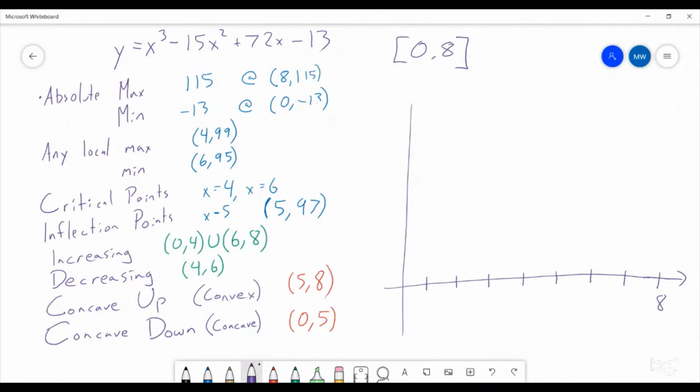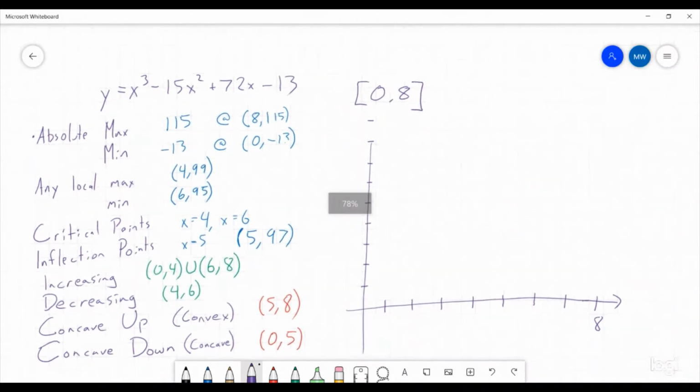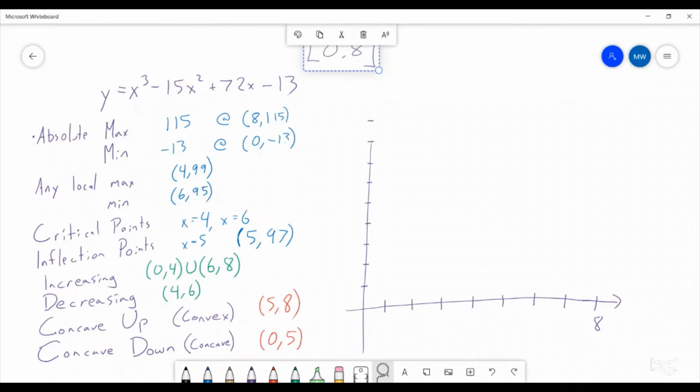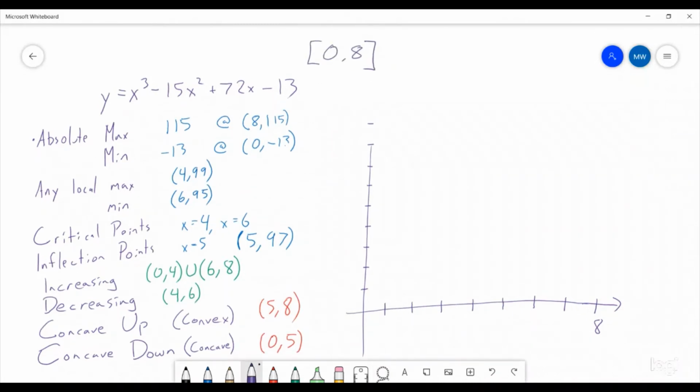Okay, so we know we have an absolute maximum value at 8 when it's up here at 115. So let's go up by tens. 10, 20, 30, 40, 50, 60, 70, 80, 90, 100, 110.